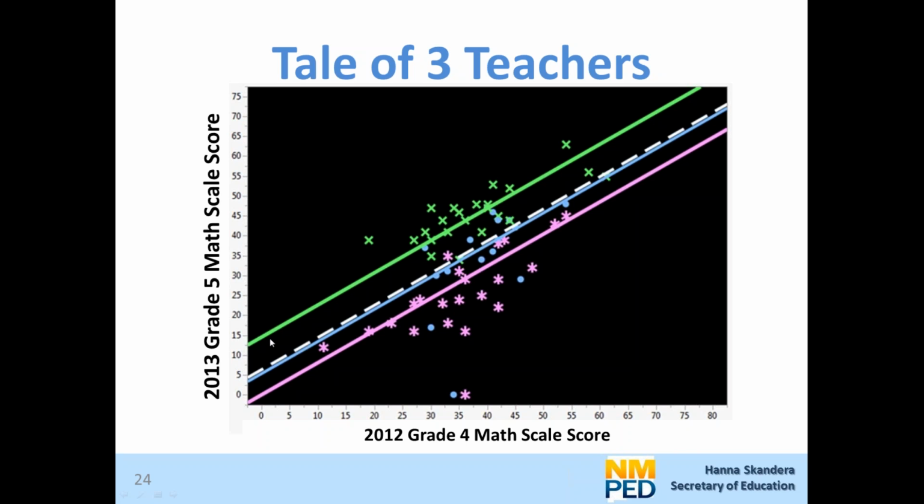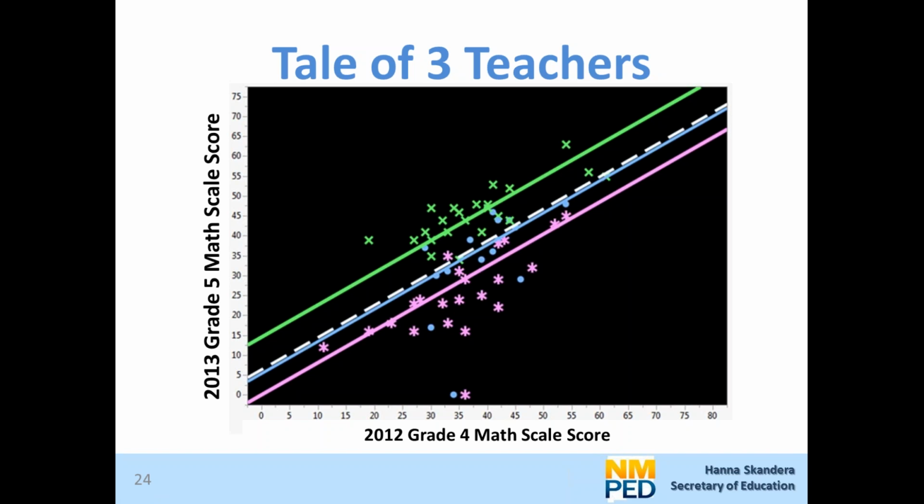So let's for a moment erase the green line, the blue line, and the pink line. If you were to subtract from every student's score the score that was predicted on the white line, so the difference between the score and the white line for every single student, you would arrive at what we call residual scores or deviation scores.